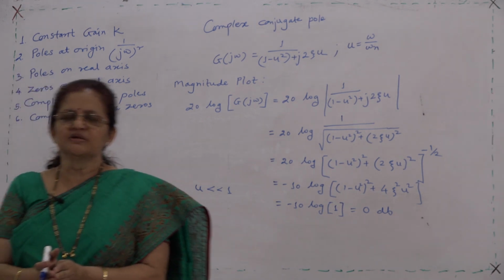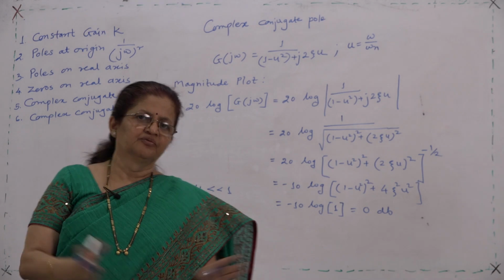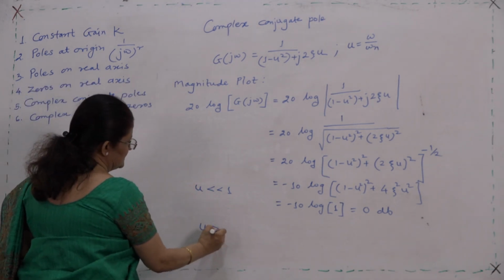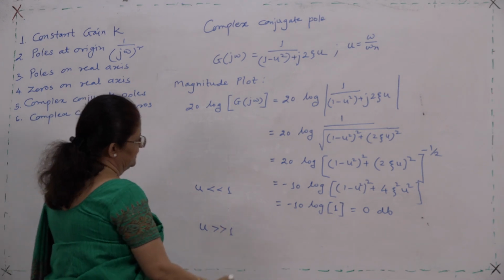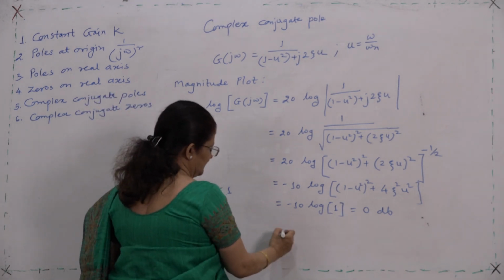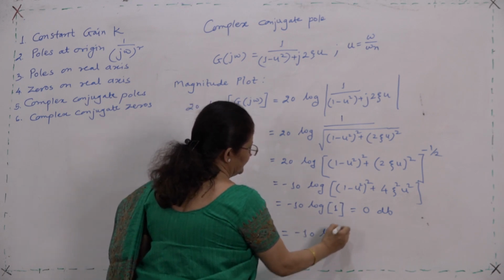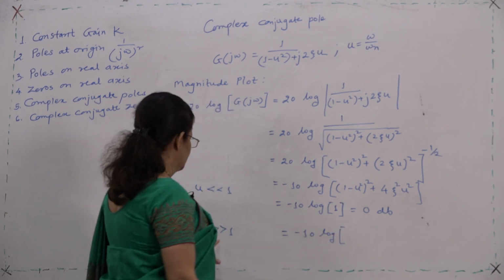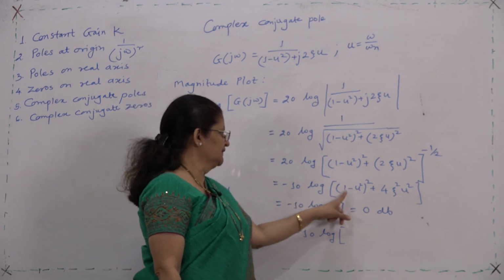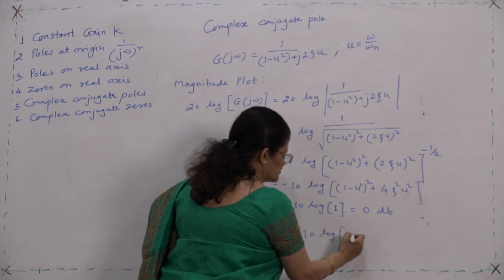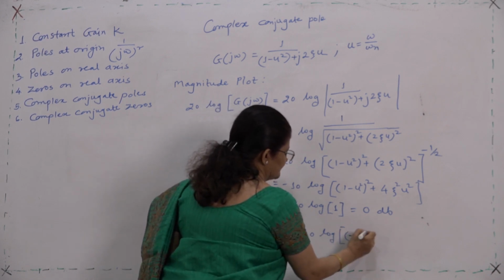Now, consider u is far greater than 1. What will happen in that case? Minus 10 log of... see, u is far greater than 1. So, neglect this. So, what you will get? Minus [u square] bracket square.